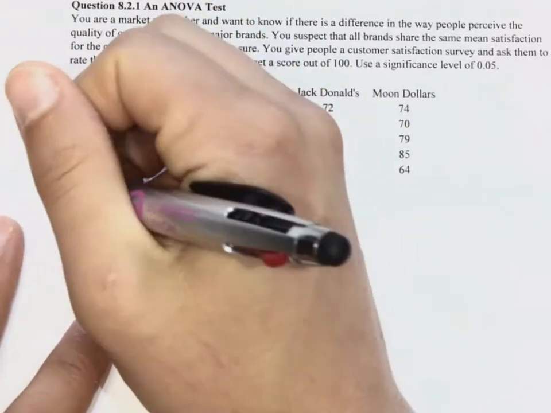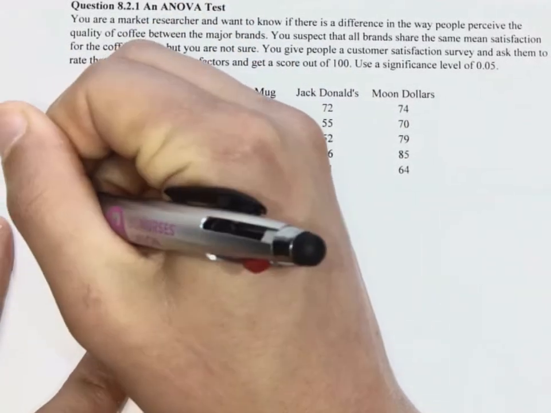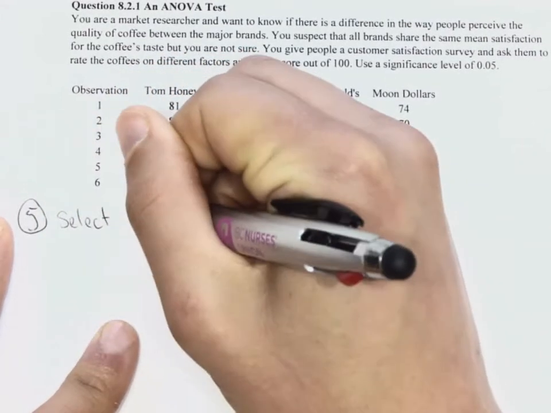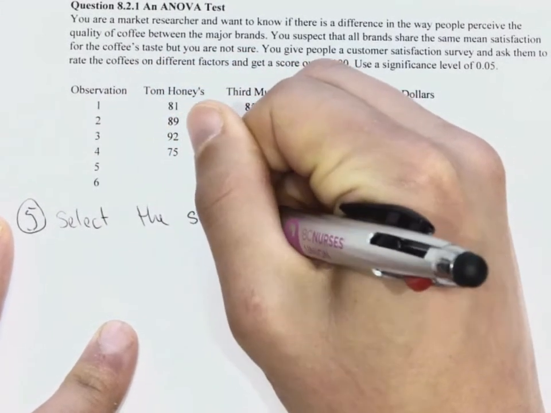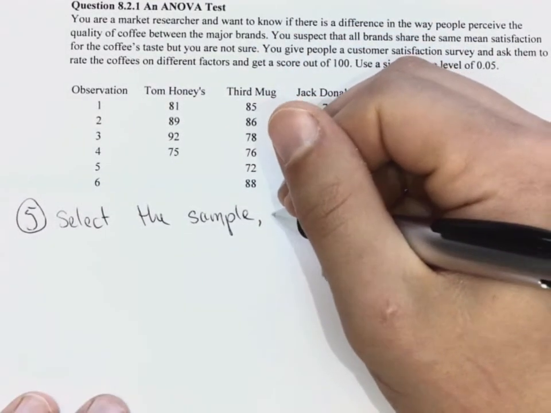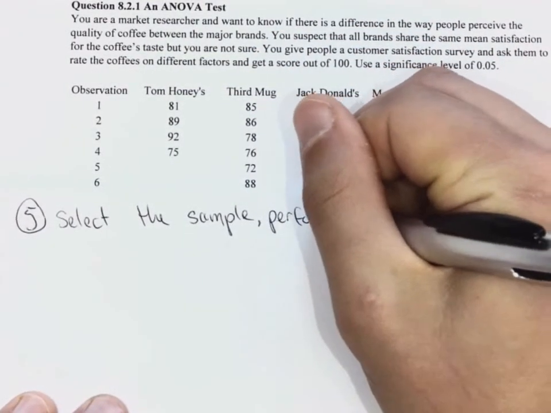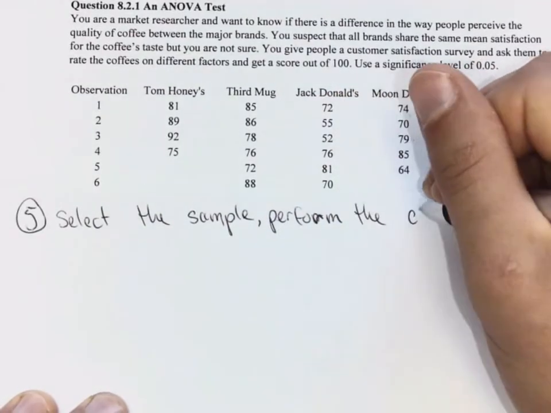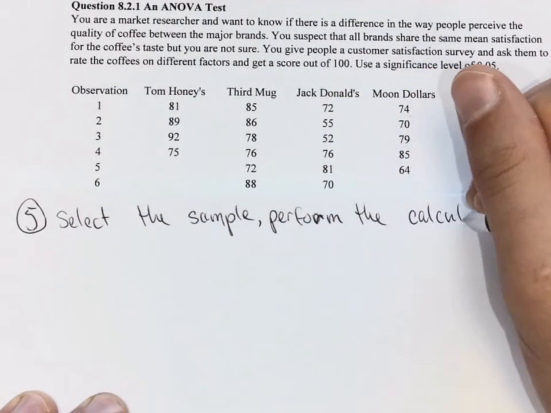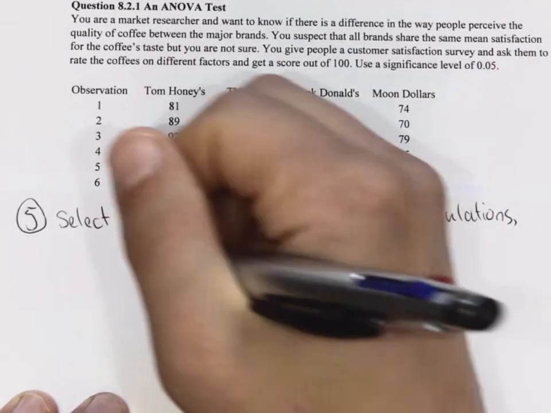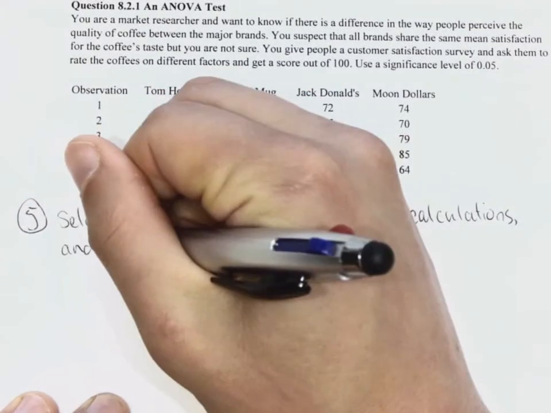So our step 5 is to select the sample, perform the calculations, and make a decision.